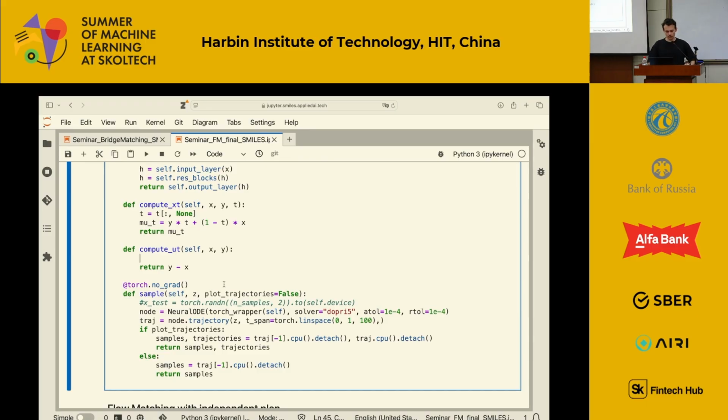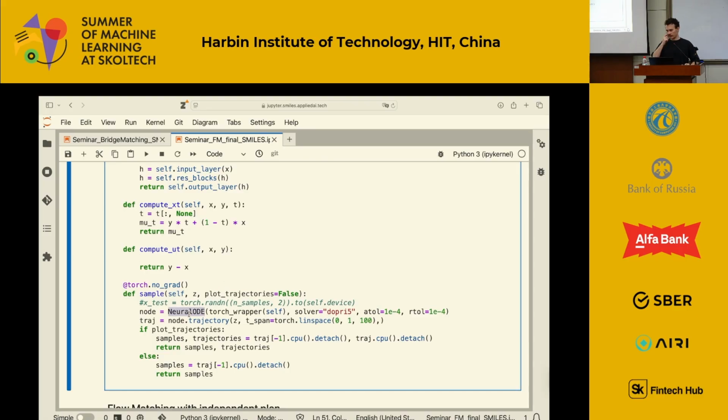Okay. So next we want to sample from our learned flow matching. So remember that what we learn here is a vector field of an ordinary differential equation, and how do we sample, how do we solve our ordinary differential equation numerically? Again by numerical solvers like Euler, Runge-Kutta, or Dopri-5 as here.